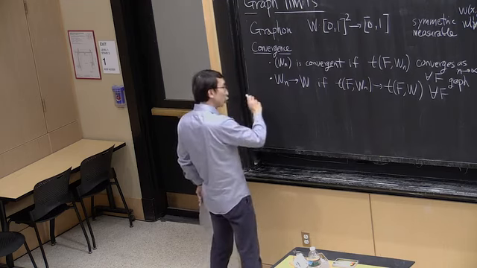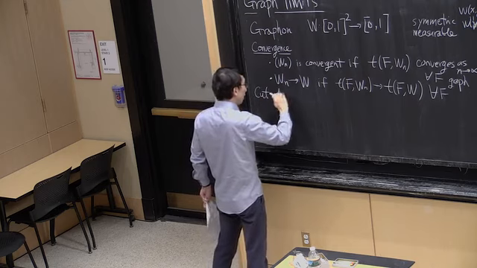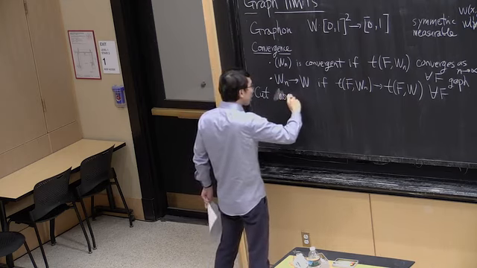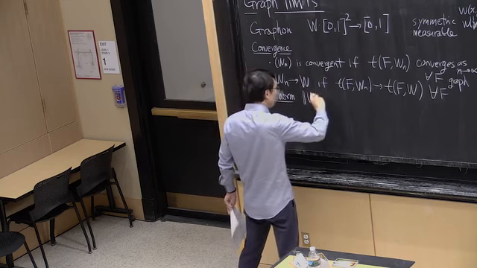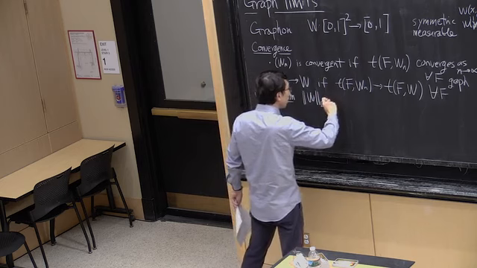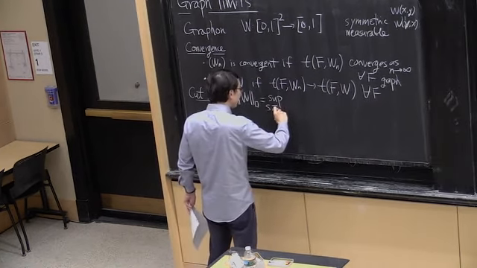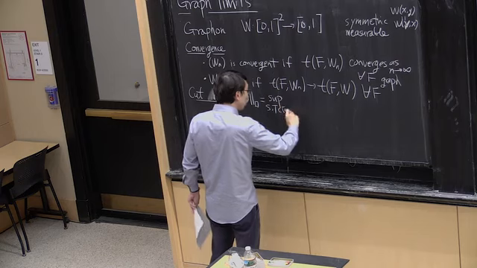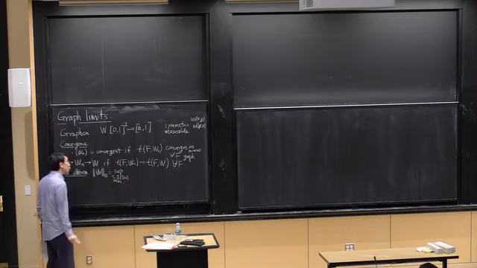We also define this notion of a distance. To do that, we first define the cut norm to be the following quantity, defined by taking two subsets S and T, which are measurable. Everything so far is going to be measurable.